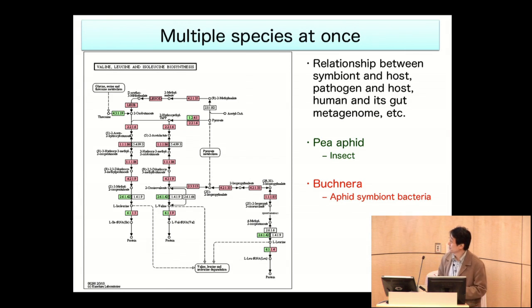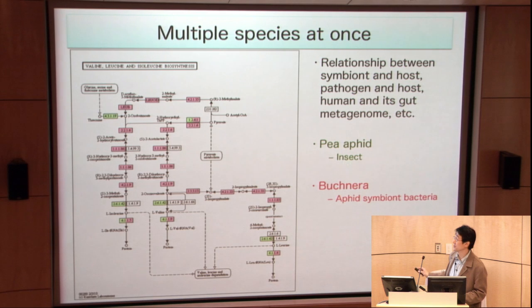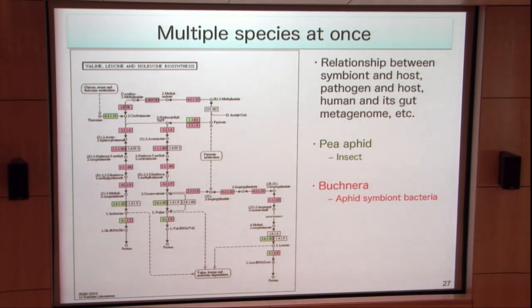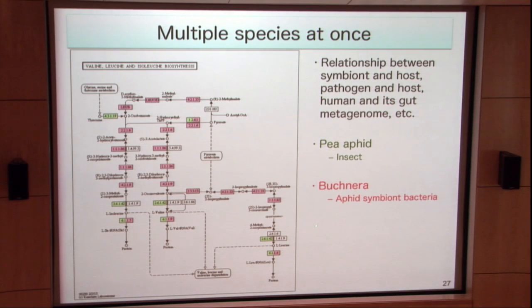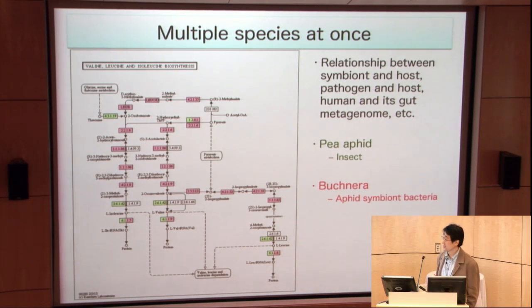And this specific example shows the symbiont of the pea aphid, which is an insect, and Buchnera bacteria, which is an aphid symbiont bacteria. And it is well known that these two species help each other to produce several amino acids, in this case, valine, leucine, isoleucine.